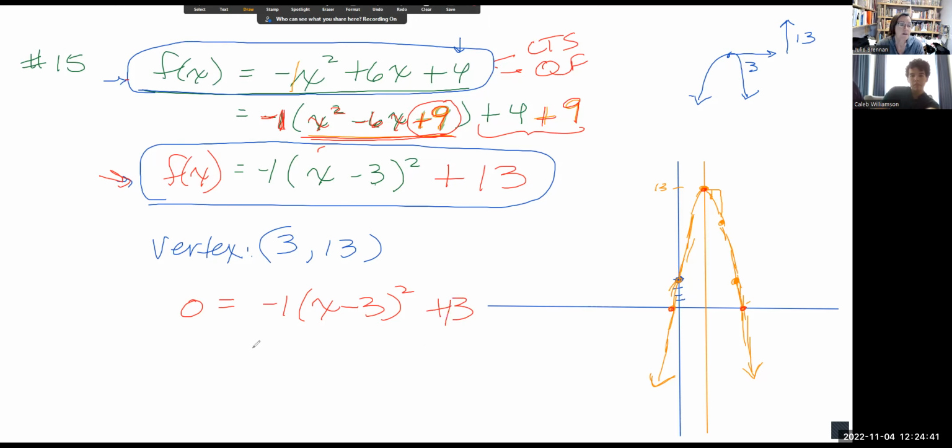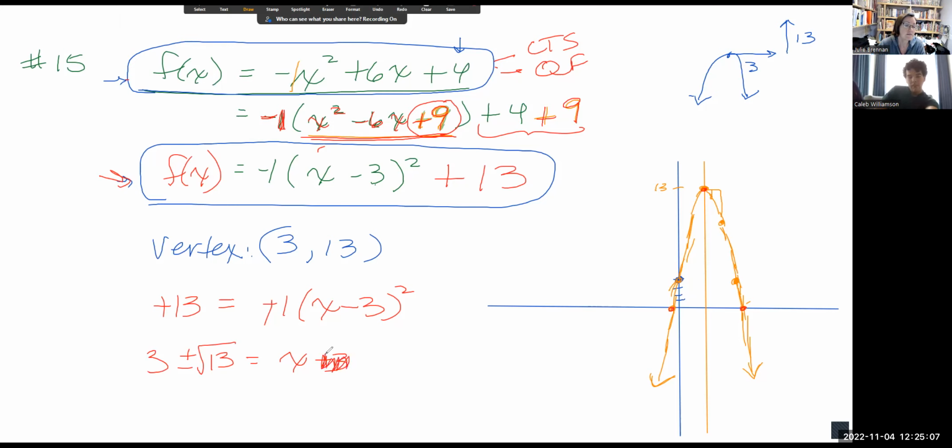So I could move the plus 13 over here, and I get -13. I'm going to get x minus 3 is equal to plus or minus the square root of 13. And if I want x equals, I'm going to add the 3 to both sides.